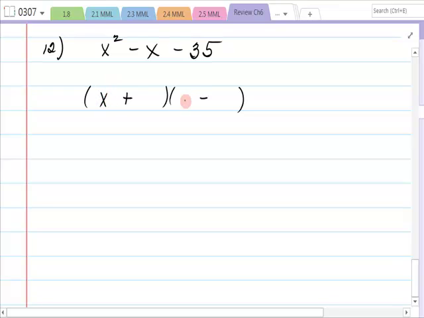I have x and x. Factors of 35. 1 and 35, that's not working. 5 and 7, that's not working. It's a difference of 2. Any other choices? No.